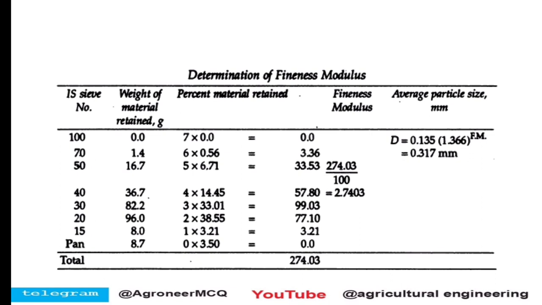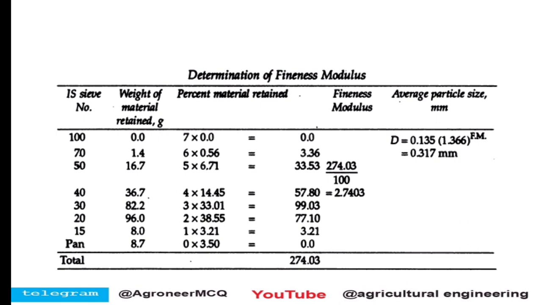There is a chance they will ask the formula for average particle size. First we have to know the total weight of material, then find the weight of material retained over each sieve, then find the percent fraction retained over each sieve, and for that we multiply by one factor.